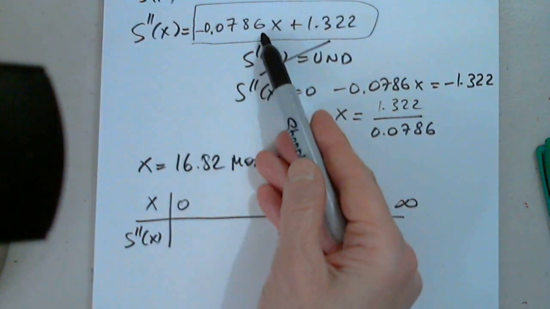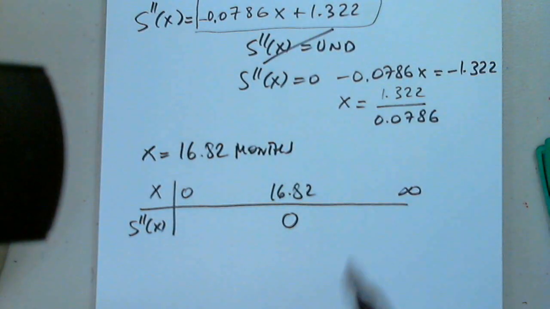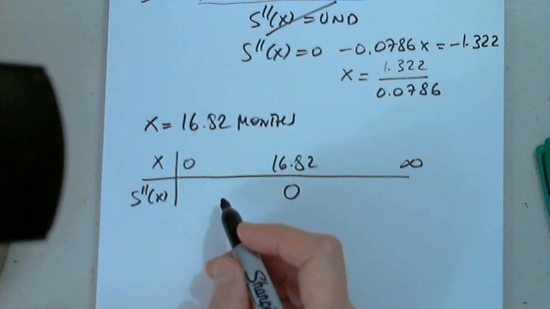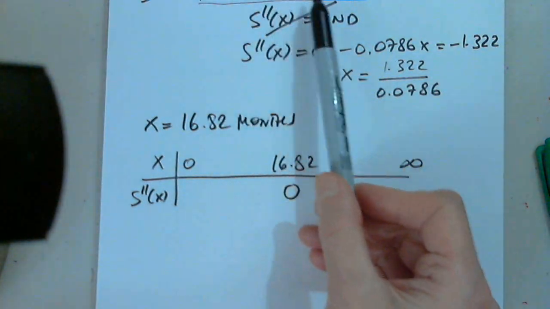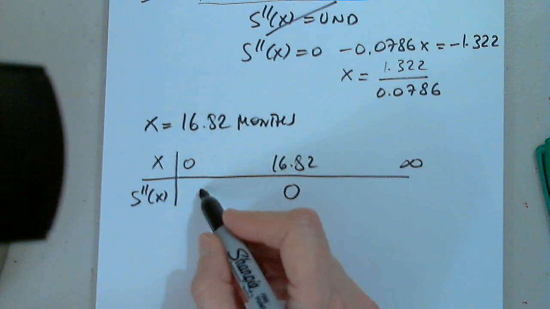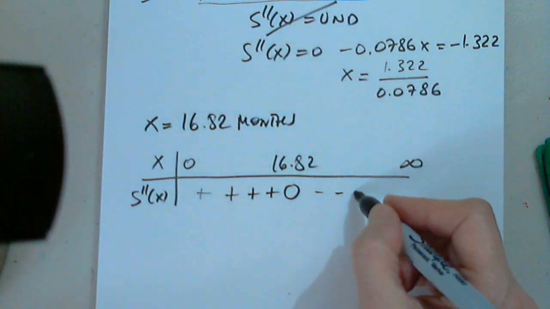Plug in 0 and tell me the sign, and plug in 100 and give us the sign. When we plug in 0, what do we get? Positive. Good. And when we plug in 100, we're going to get negative.